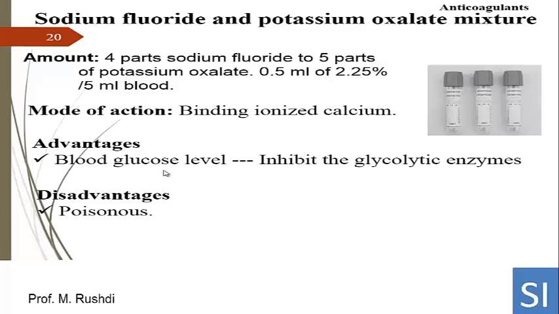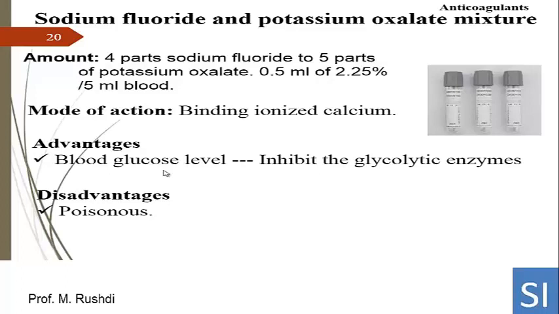The second one is heparin, which is used for collection of blood samples for acid-base balance, and sodium citrate is also a commonly used anticoagulant for whole blood samples collected for blood transfusion, for thrombin time, for erythrocyte sedimentation rate, for bacteriological analysis.